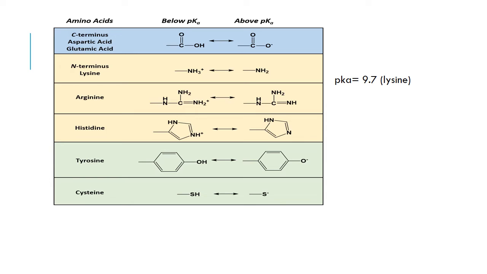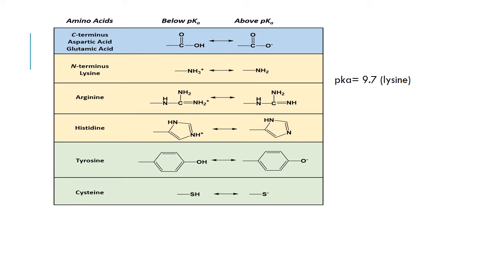What is that supposed to mean? For the second column and the third column, when we add the charges, we are expecting them to be 0. Let's say below the pKa, the acid dissociation constant, we have positive 2, and above the acid dissociation constant we expect negative 2.